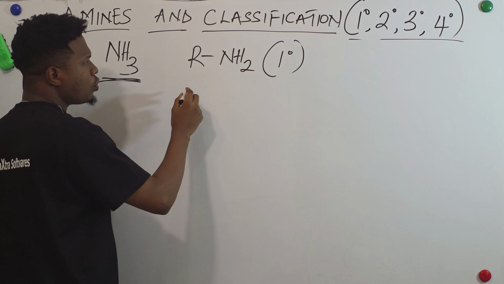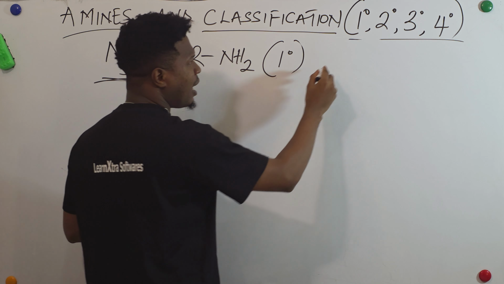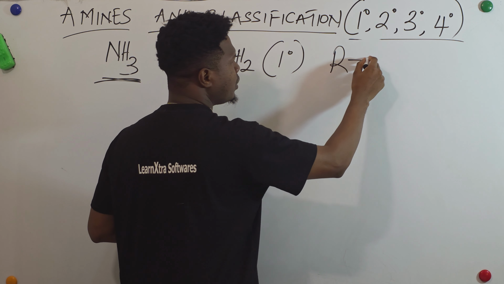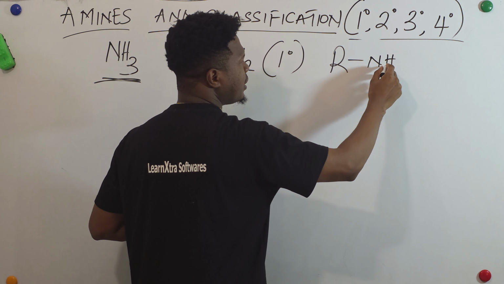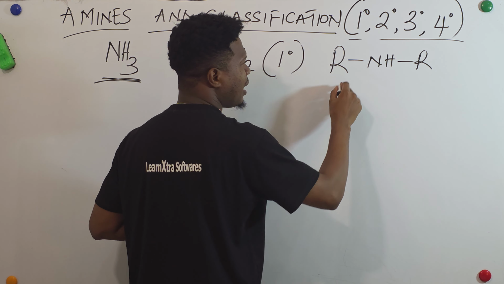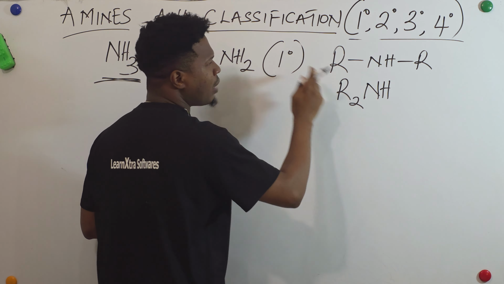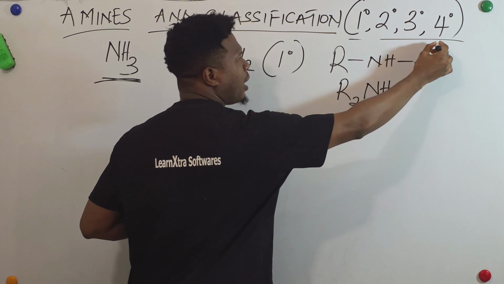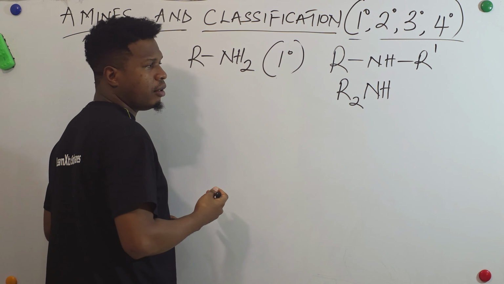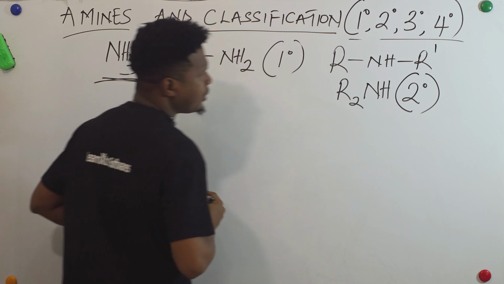When you substitute another hydrogen, so that there are 2 alkyl groups, we have RNHR, which can also be written as R2NH. These two are the same thing, and we can use a prime to differentiate the two R groups if you want. This one represents a 2 degree amine.